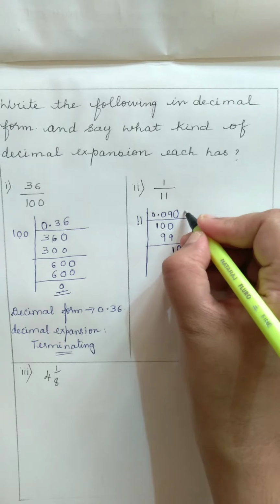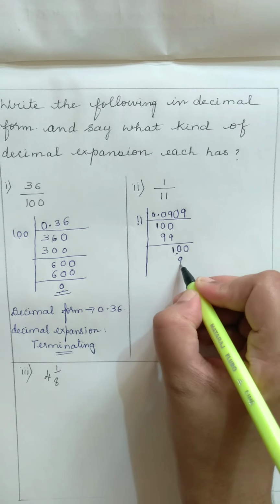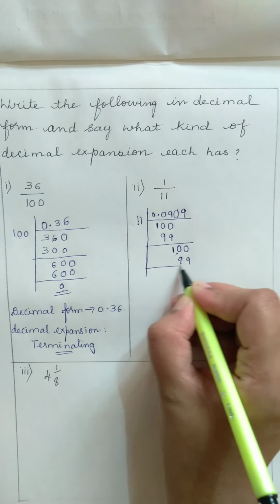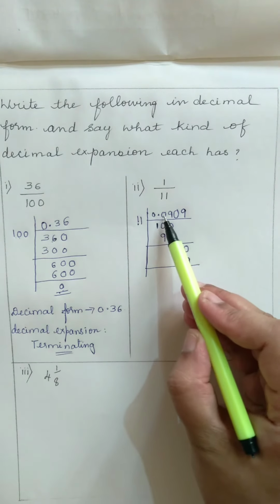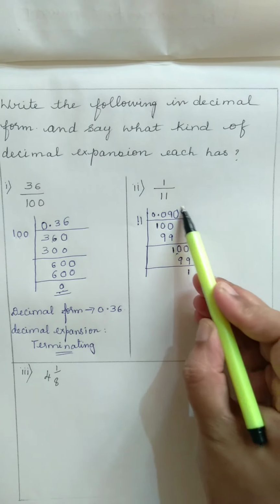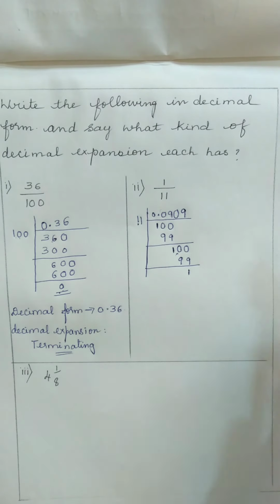So 11 9s are 99 and the remainder is 1. See here, in this problem 0.0909, these digits go on repeating, and the remainder will not be equal to 0.